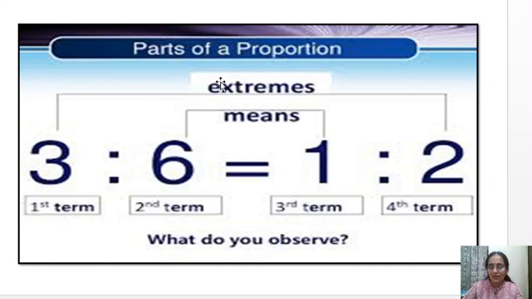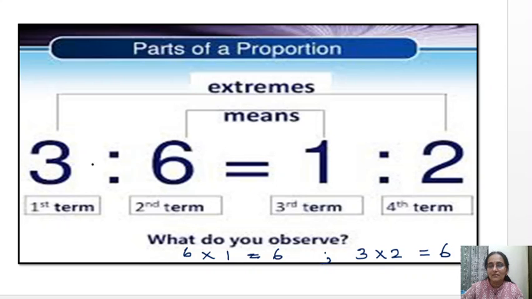Now, when you multiply 6 into 1, that is 6, right? When you multiply 3 into 2, it is also 6. That means product of means equals product of extremes.